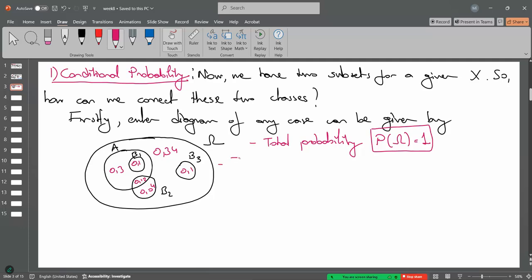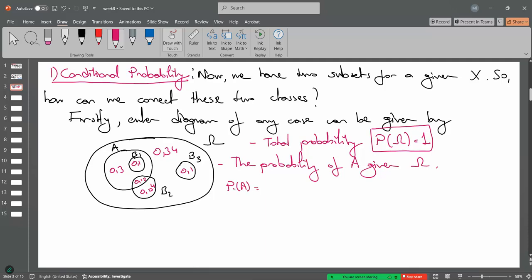Secondly, the probability of A given omega is equal to what?